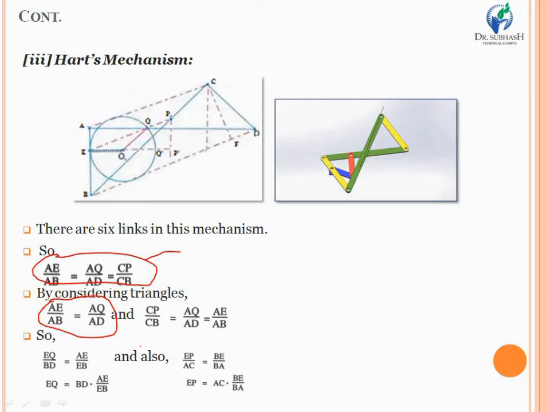Similarly, if you consider the triangles AEQ and ABD both, you can have a new relation for the dimensions of the links: CP upon CB is equal to AQ upon AD, and that finally becomes the link ratio AE upon AB. So ultimately from both relations, by taking two similar triangles, you can write EQ upon BD is equal to AE upon EB, and also EP upon BC is equal to the ratio of links BE upon BA.